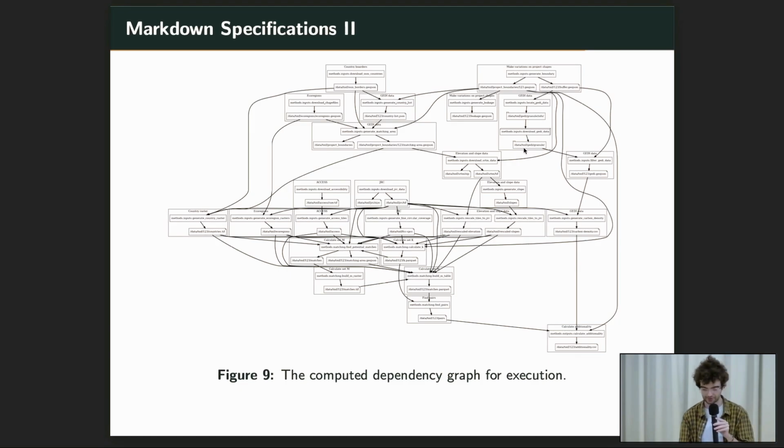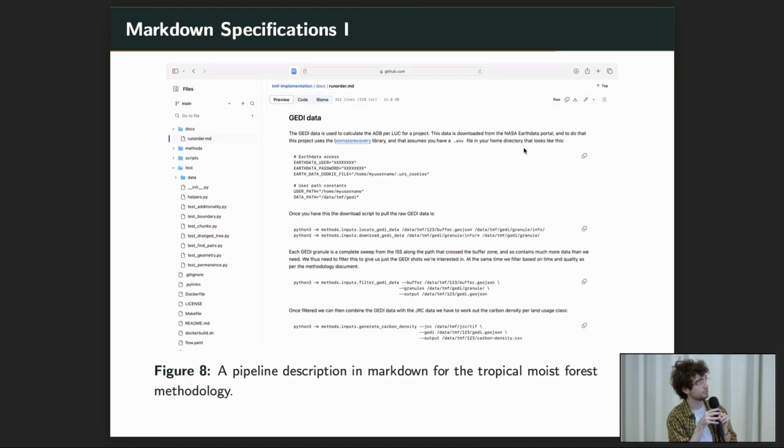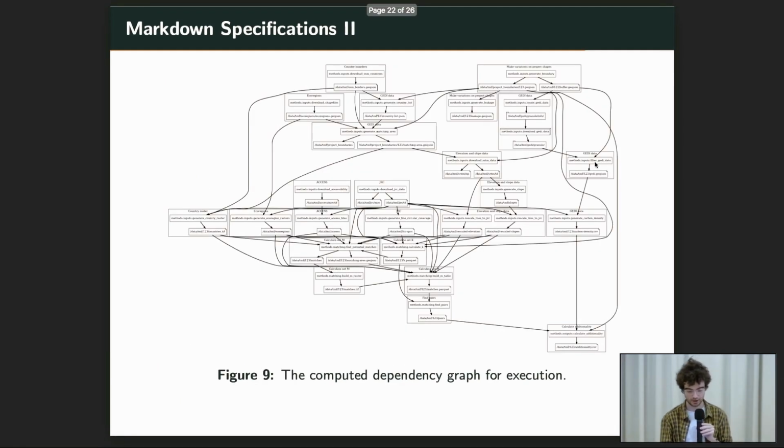So they might say, for example, actually to generate this Jedi data, which is a kind of LiDAR trying to work out how tall canopy heights are, these are the things that you need to run. But we can actually pull that into this graph, and you can probably maybe just about read that this box here is actually the scripts that need to be run with some inputs, and this has been labeled as the Jedi data. So now our dependency graph is actually a lot more kind of informative and easier to debug as well.